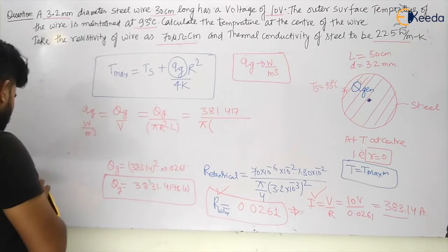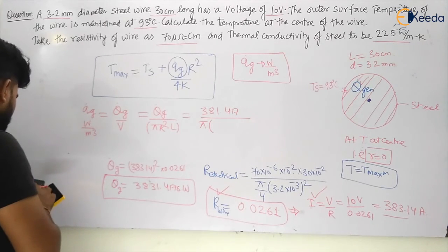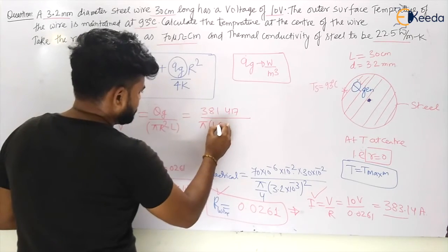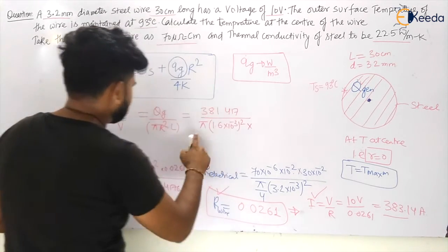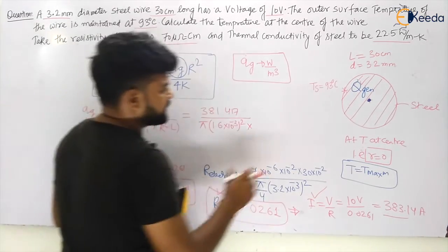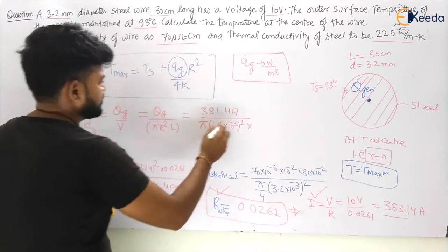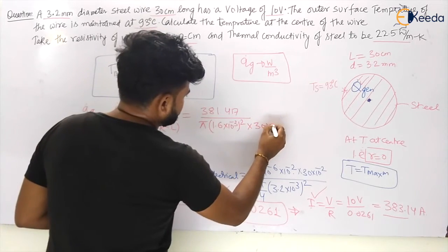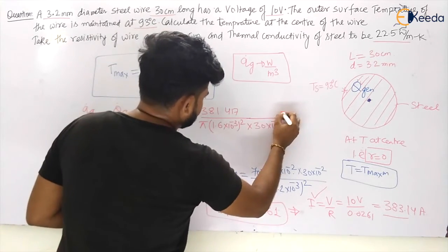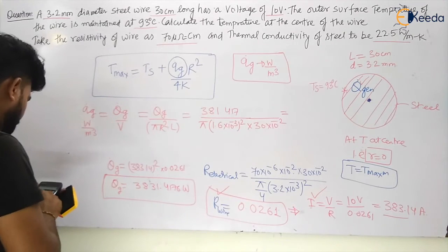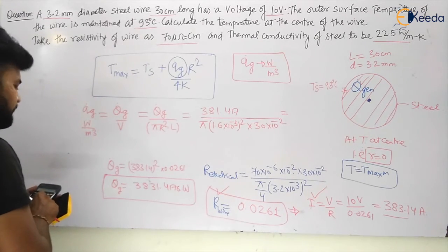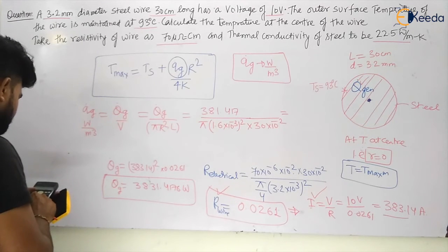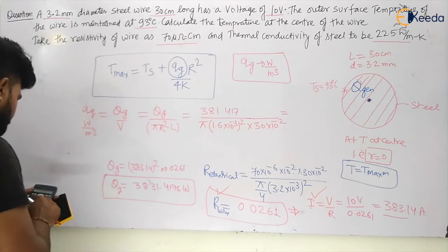This will be 1.6 into 10 to the power minus 3 square multiplied by pi R square L. So what is the length of the wire? This is 30 centimeter. So this will become 30 into 10 to the power minus 2.